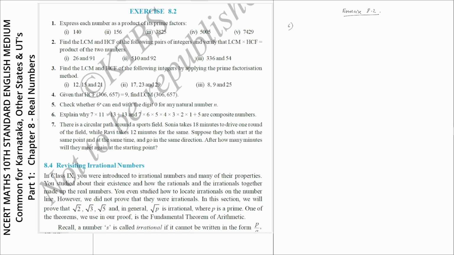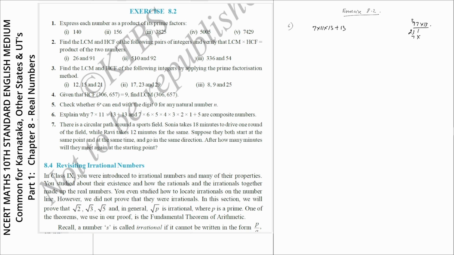Exercise 8.2, question number 6. Explain why 7 into 11 into 13 plus 13 and 7 into 6 into 5 into 4 into 3 into 2 into 1 plus 5 are composite numbers. So the first one is 7 into 11 into 13 plus 13. What is this equal to? 7 into 11 is 77. 77 into 13. 3 7s are 21, 22, 23.